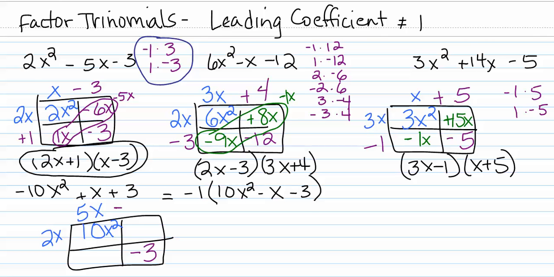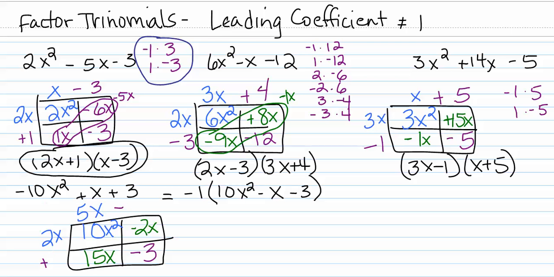And since I don't know for sure which one it's going to be, I'm just going to start somewhere. So 2x times negative 1 is going to give me a negative 2x. 5x times 3 gives 15x. And when I combine those, I get a positive 13x. I want a negative 1x. I don't have the right number at all, so that tells me these aren't in the right places.